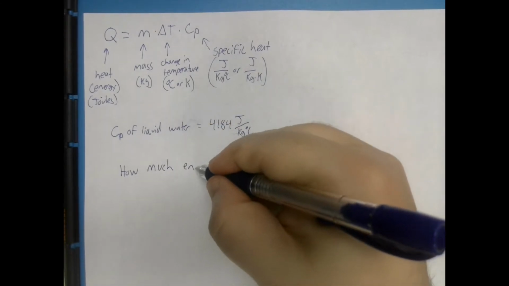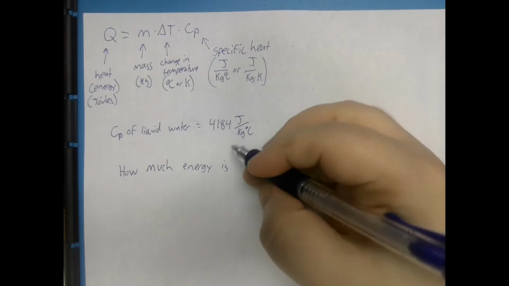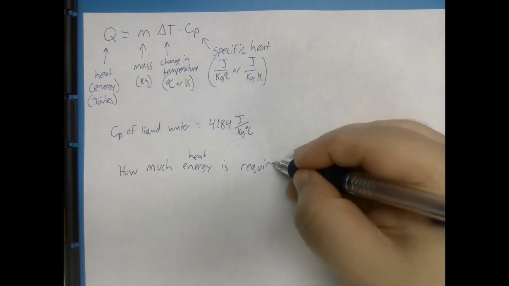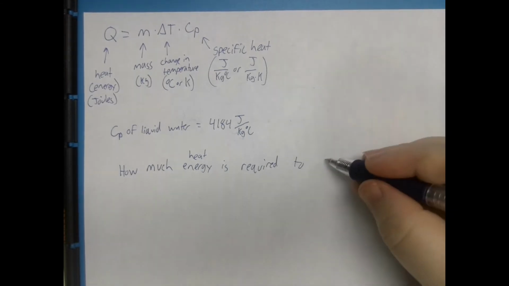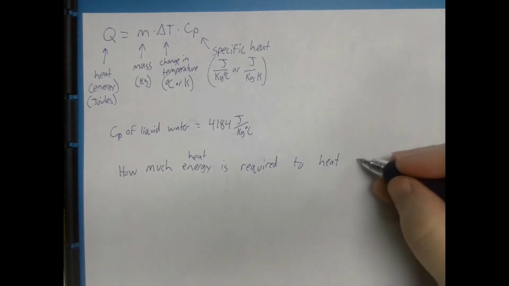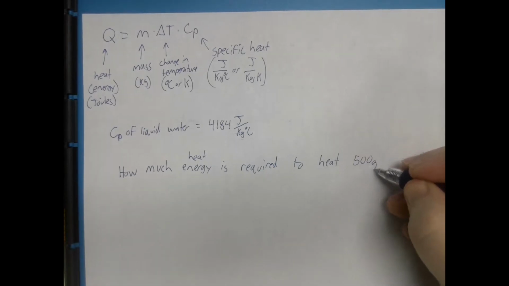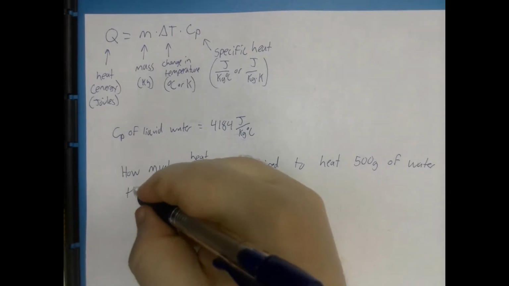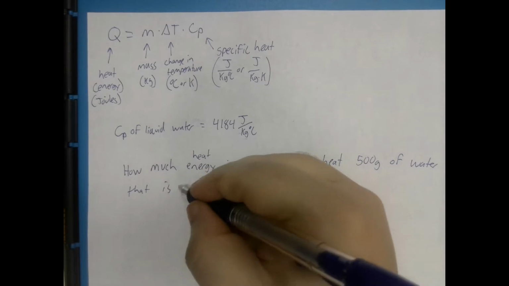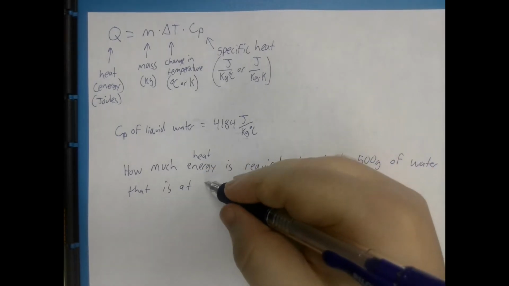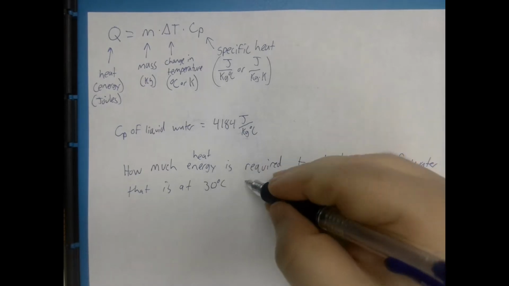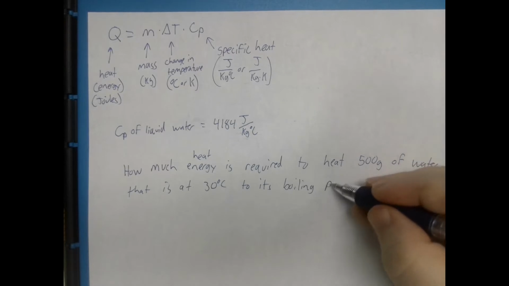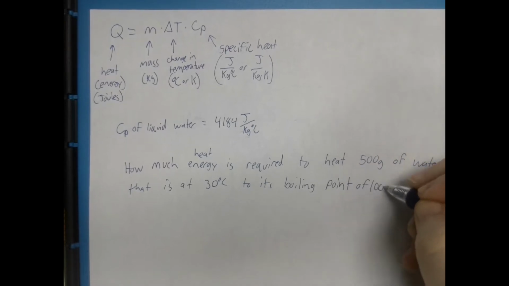How much energy, and this will be heat, how much heat energy is required to heat 500 grams of water that is at 30 degrees Celsius to its boiling point of 100 degrees Celsius?